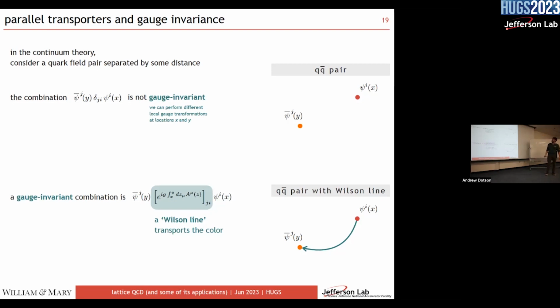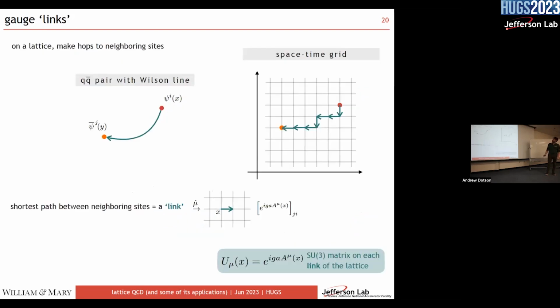So why am I bothering to show you this quite complicated thing? Well, the point is when you put your system on a lattice, you can't just connect these 2 points by any line you want, because you've now got this grid, and the grid is everything. There is no space and time in between grid points. So if you're going to try to do something like this, you're going to have to replace it by some kind of path that sticks to the links, so that goes between neighboring grid points.